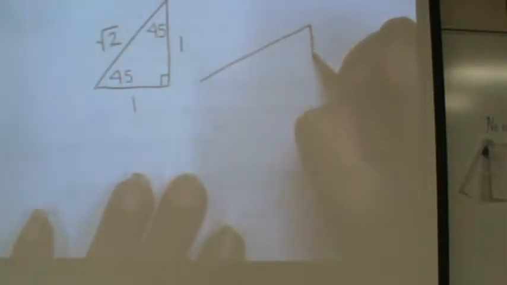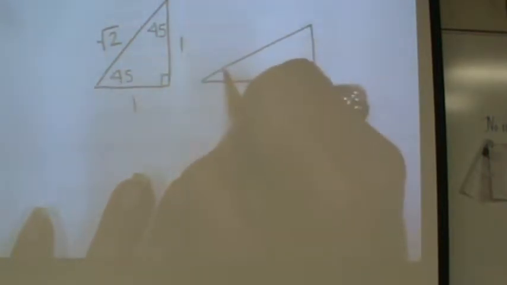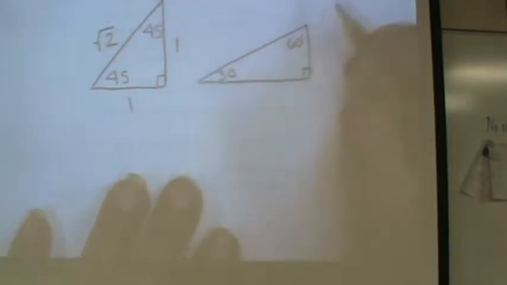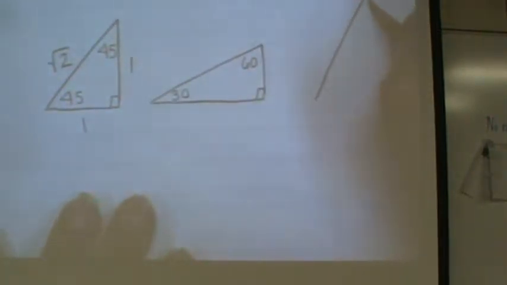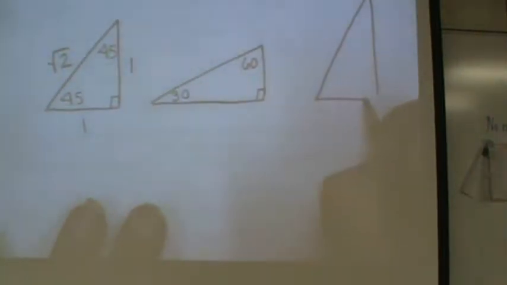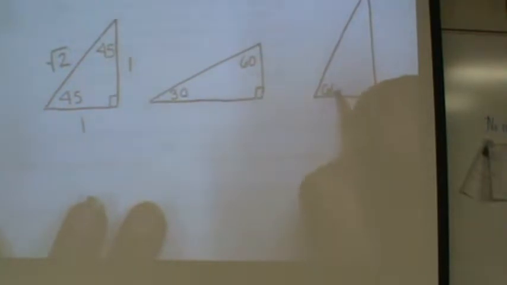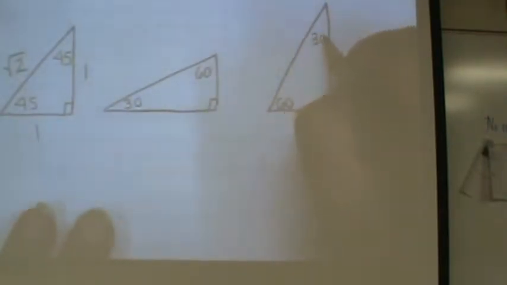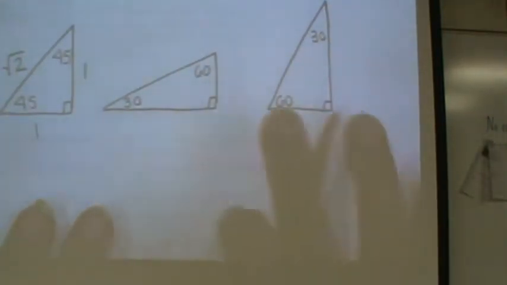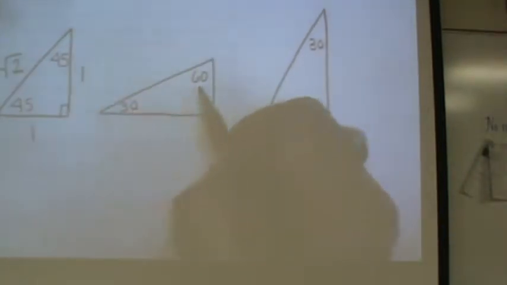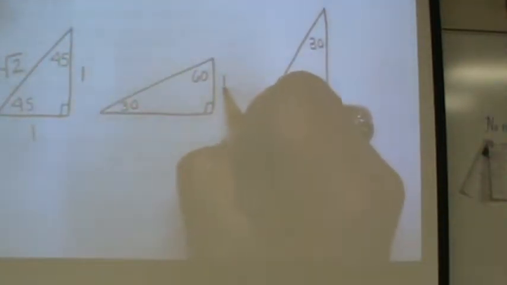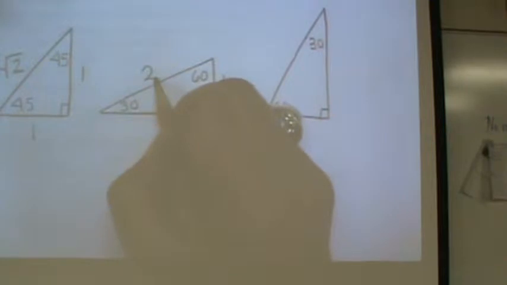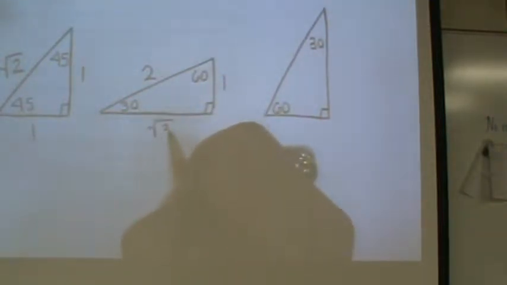Here's your 30, 60, 90. And then we had 60, 30, and 90. Do you remember the ratios on these? Remember what this one was? 1, 2, square root of 3.